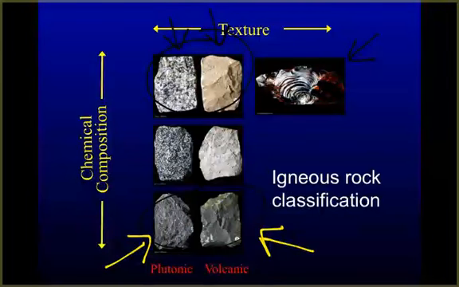It's a little bit hard to see in this image that the texture is different, but if you had this in front of you, you would see that there were large crystals visible in the gabbro, versus in the basalt you couldn't see very much at all. And in between, we have a chemistry of those two rocks in the middle that is somewhere between the granite and the rhyolite and the basalt and the gabbro. And we can call those two a diorite and an andesite.